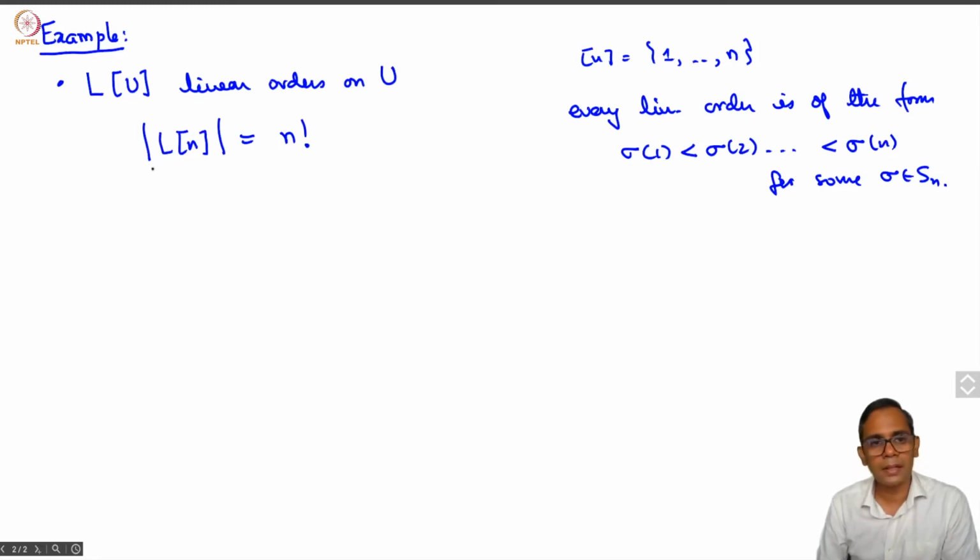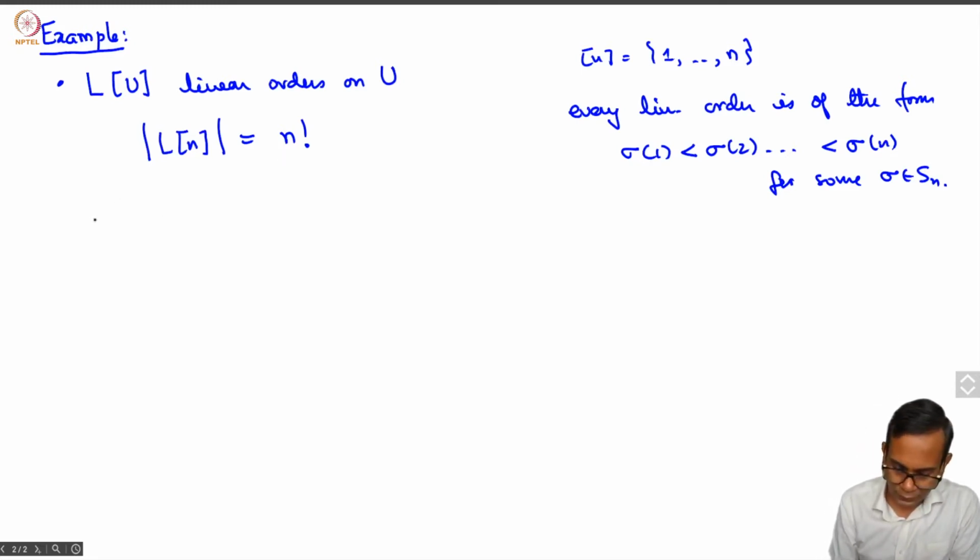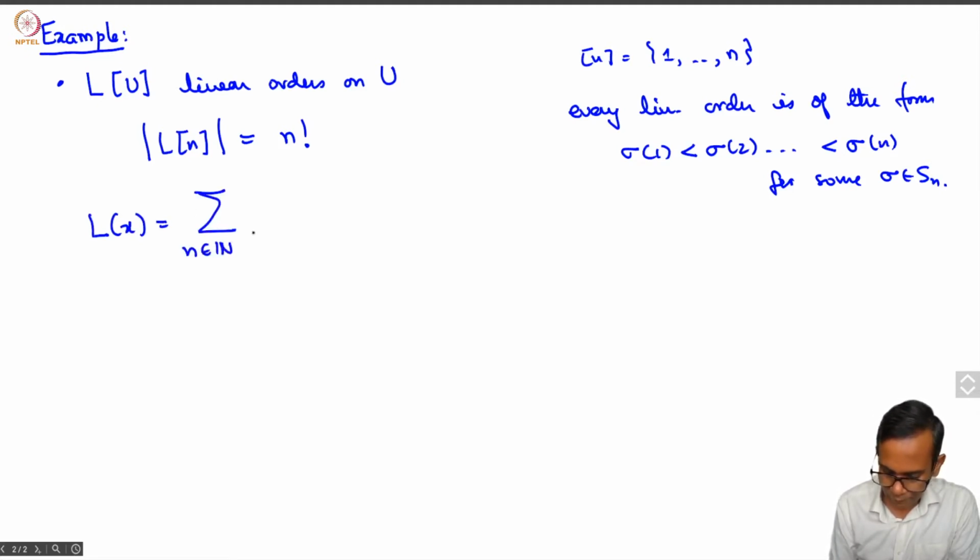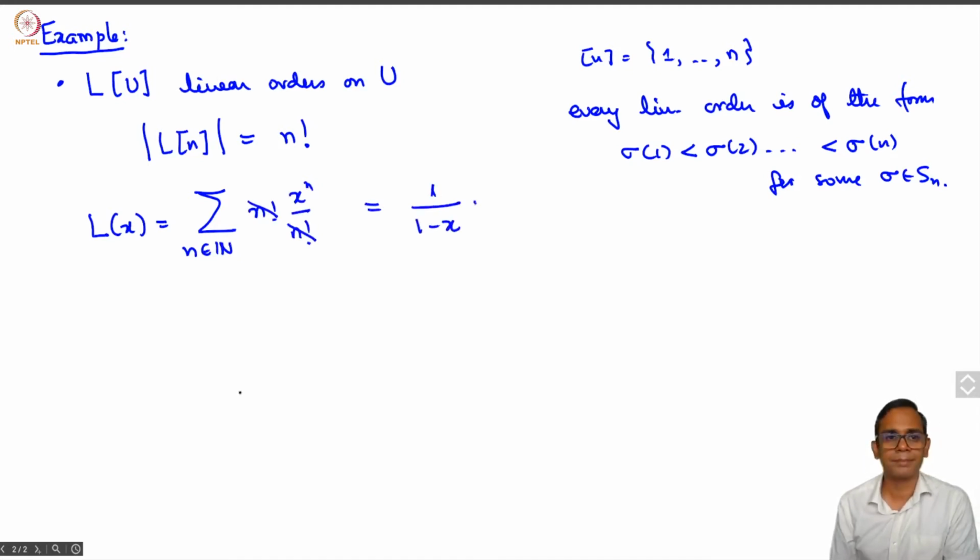And so the cardinality of L of [n] is n factorial, and therefore L of x is equal to the summation over n of n factorial x to the power n by n factorial. But these just cancel, and so what you get is 1 over 1 minus x.